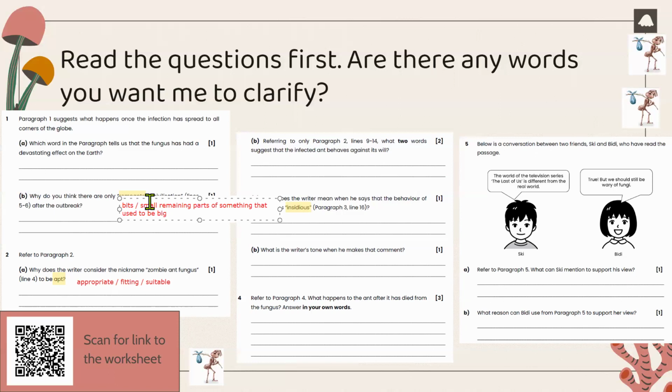So when I say, for example, remnants of civilization, it means that it is not a big civilization. It's bits and pieces of civilization that is left. Initially, there were a lot of people, but now it's just bits and pieces. Does that clear things up for you?